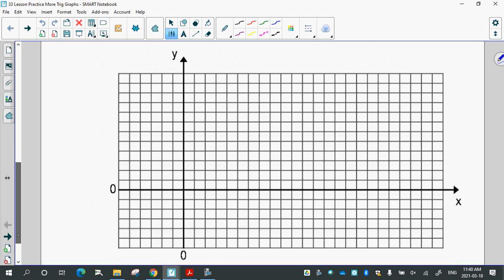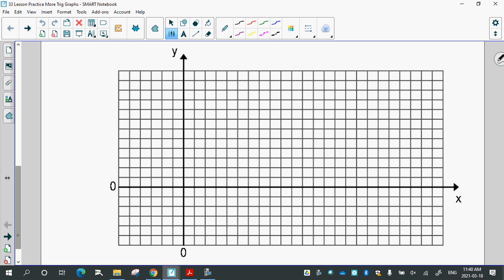Label the axes. So put the scales on. And after you've done the scale, you're going to figure out what your parent function is.